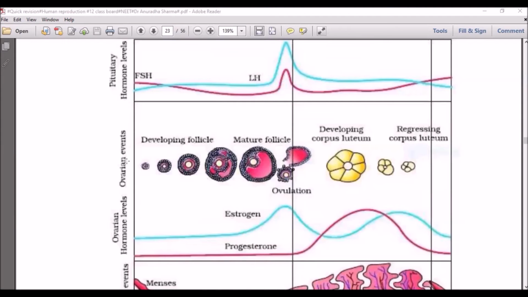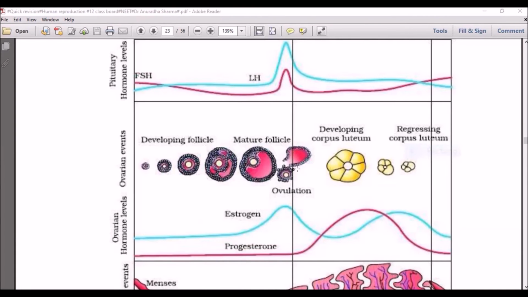begins. Now, here we can see that ovarian events are taking place. The development of follicle is taking place. The primary follicle develops into a mature follicle, and it is known as Graafian follicle. After that, the Graafian follicle ruptures and it results in ovulation, that is the ovum is released.